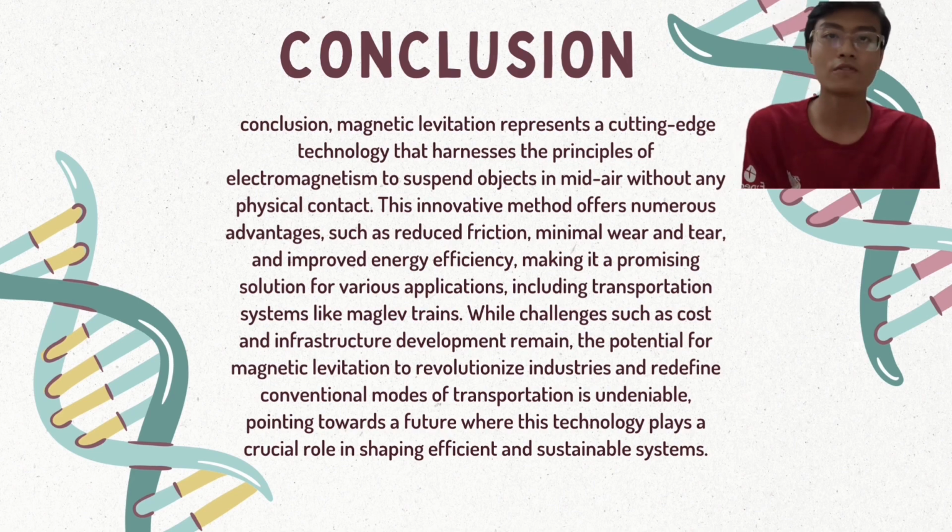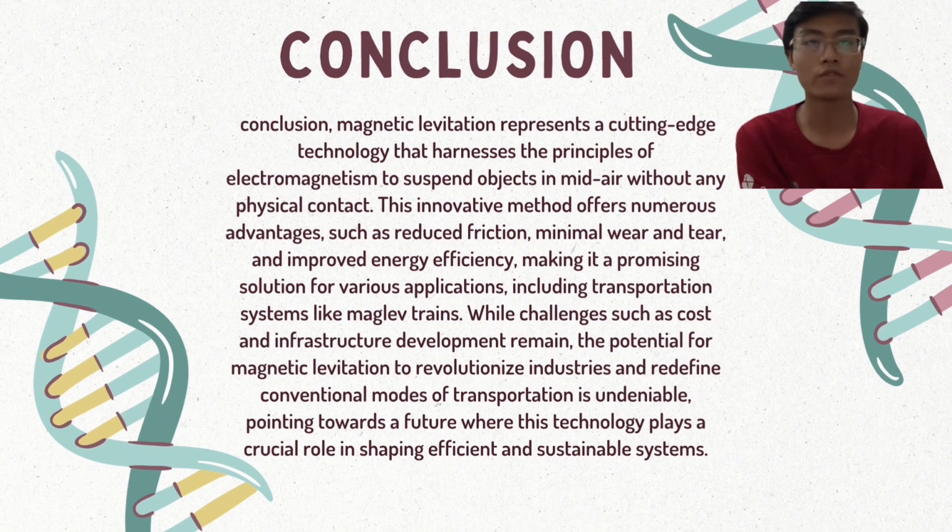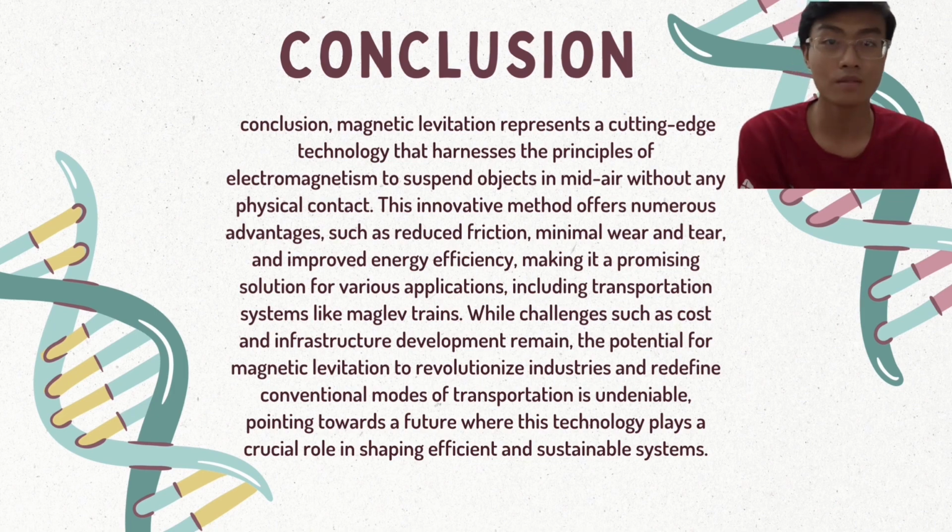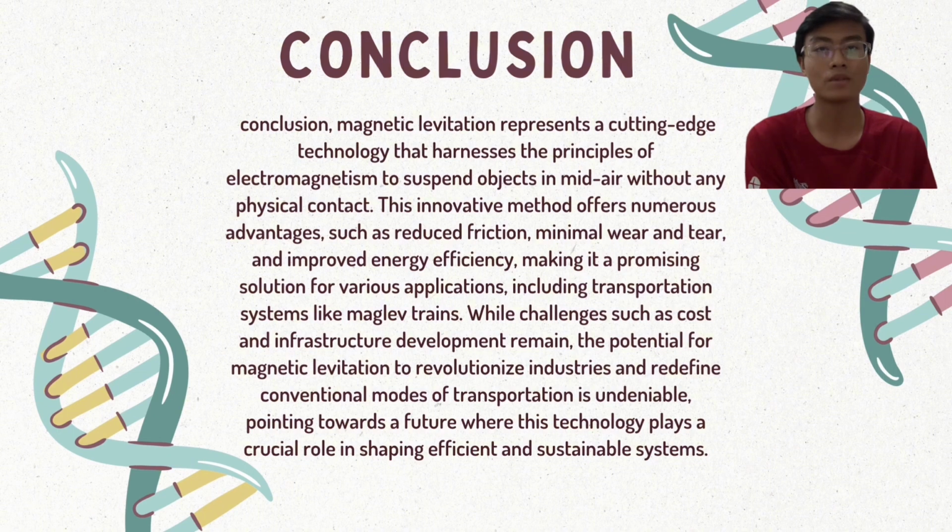The potential for magnetic levitation to revolutionize industries and redefine conventional modes of transportation is undeniable, pointing toward a future where this technology plays a crucial role in shaping efficient and sustainable systems.